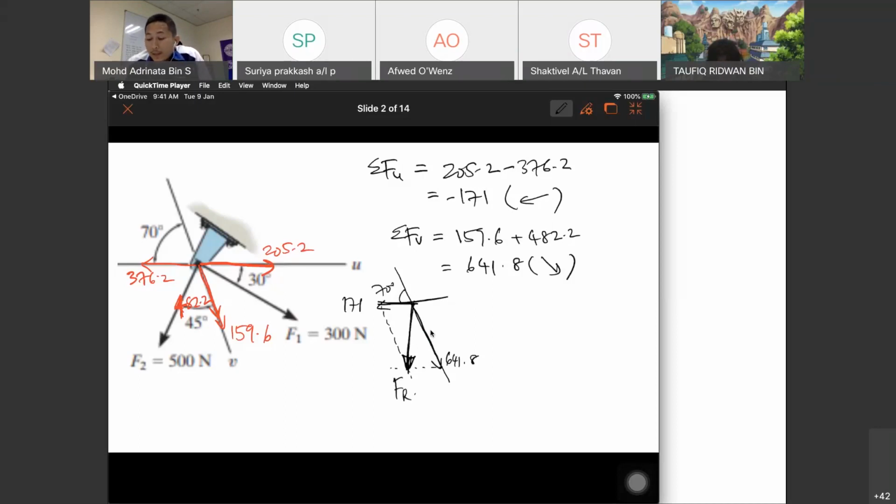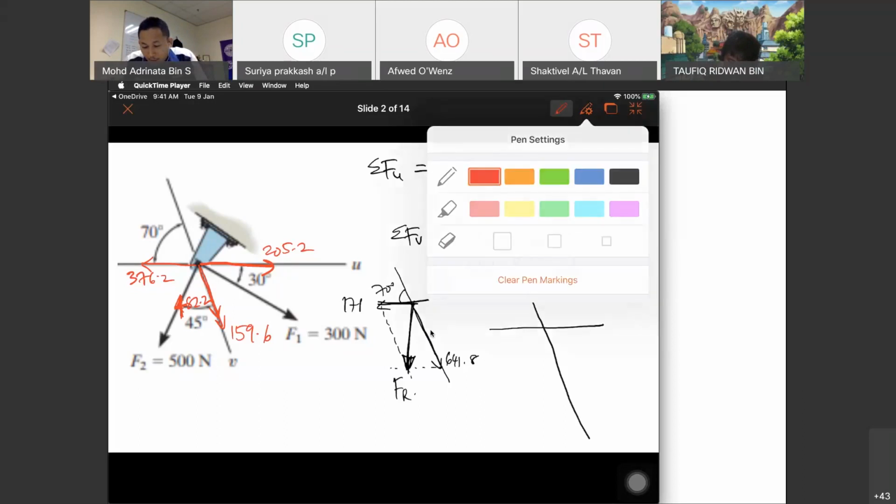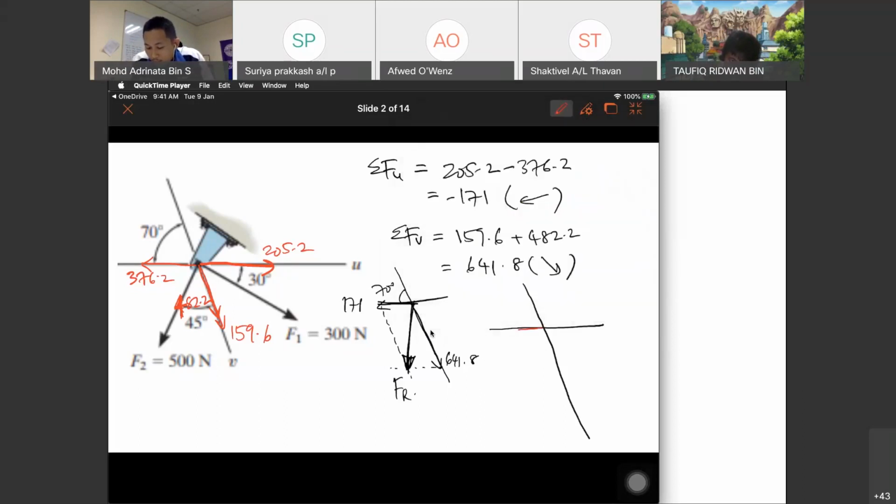This is quite tricky because of actually the position of your UV. Okay, and your answer is 171, and this is 641, and this is the direction.